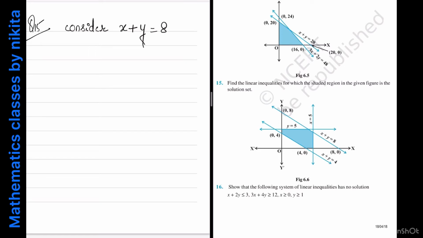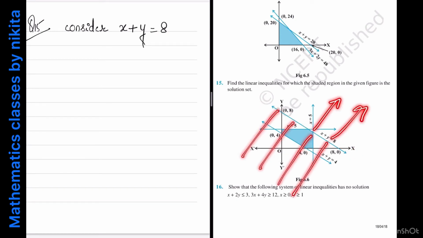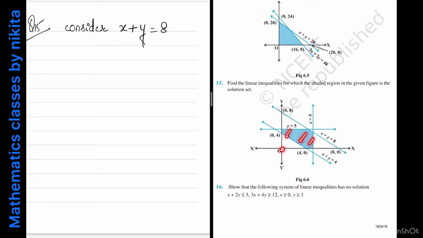You can see in the figure that both the origin as well as the shaded region lie on the same side of the line. This line divides the plane into two halves, the lower half plane and the upper half plane. Both the shaded region as well as the origin lie on the same side of the line.